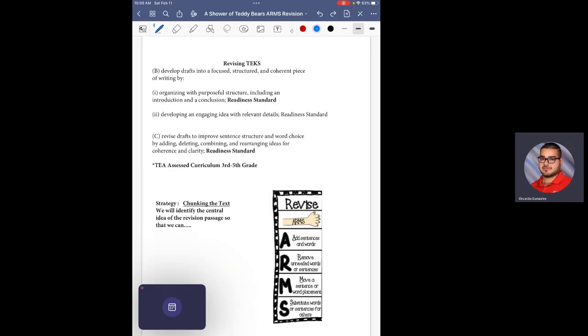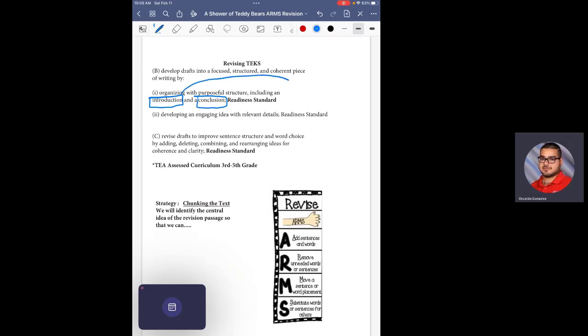These are our 3 revising TEKS. The first one is 11B I, which is organizing purposeful structure, including an introduction and conclusion. So, introduction and conclusion. What does this TEK want us to do with the introduction and conclusion?